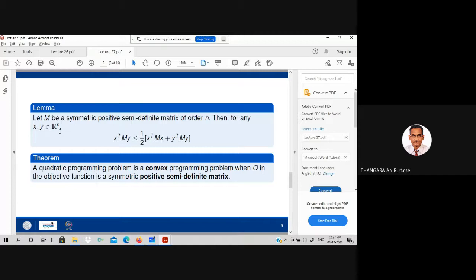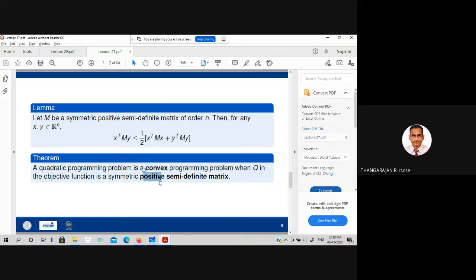And there are some results which you can use. A quadratic programming problem is convex when the Q in the objective function is a positive semi-definite matrix.